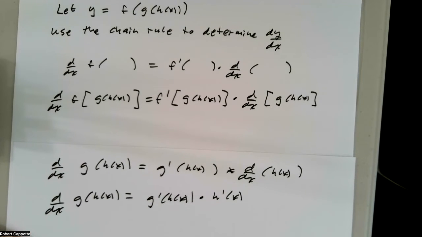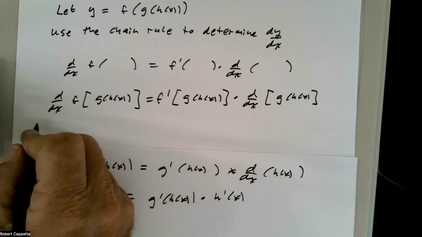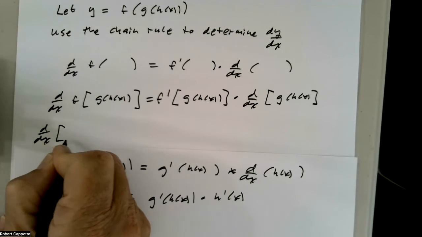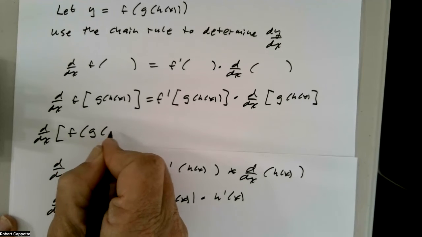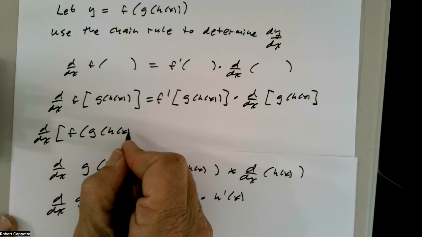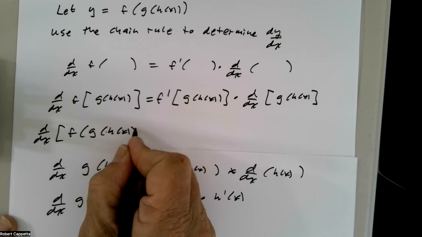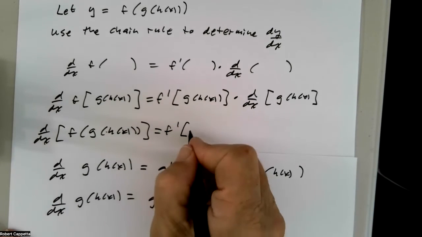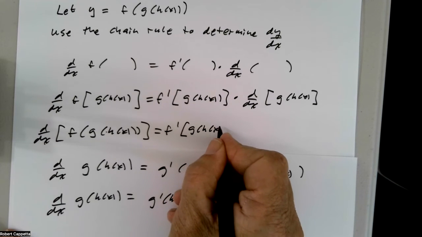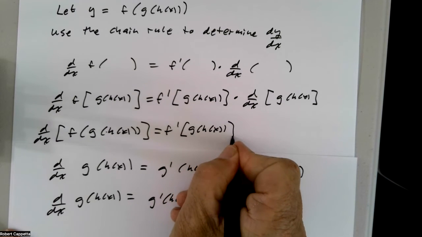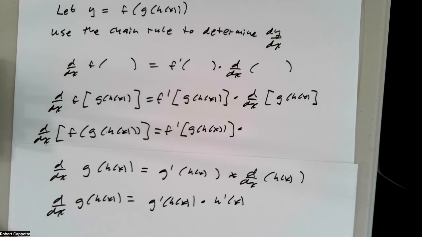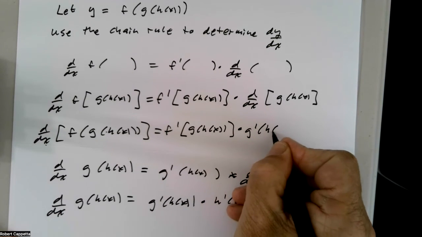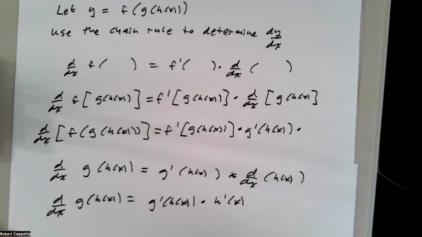Notice, what did we have before? We had the derivative with respect to x of f of g of h of x is f prime of g of h of x times the derivative of g of h of x, which we have down here is g prime of h of x, times h prime of x.